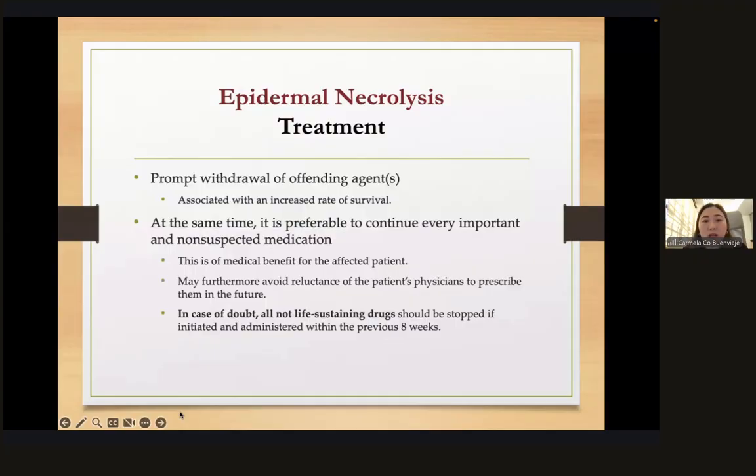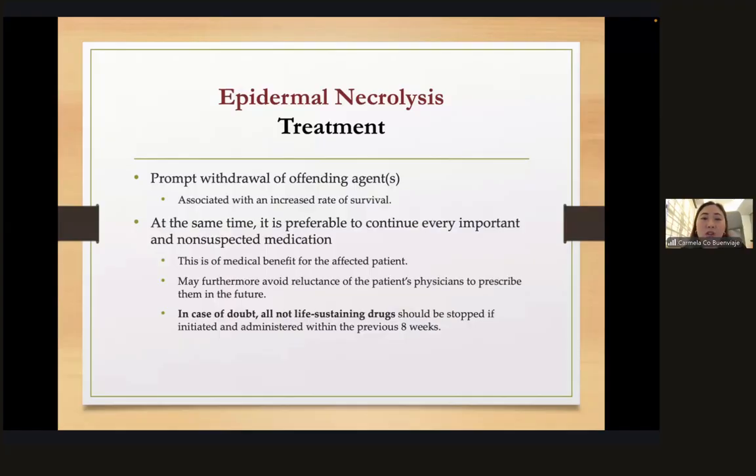So prompt withdrawal of offending agents is associated with an increased rate of survival. It really helps a lot to promptly withdraw the offending agents. At the same time, it is preferable to continue every important and non-suspected medication. You can't just say, stop all the medications of the patient. It might even lead to higher mortality if you do that.